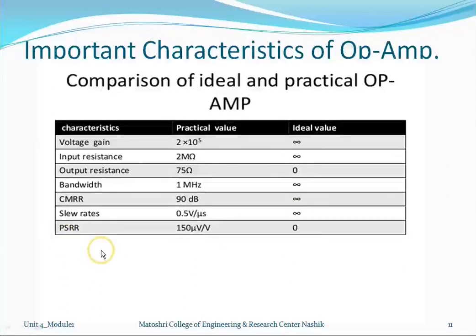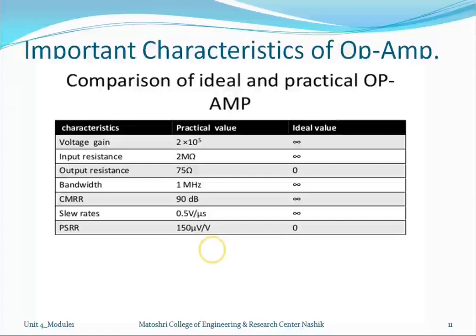PSRR, power supply rejection ratio, is nothing but the change in an op-amp input offset voltage due to variations in supply voltage. We call it the power supply rejection ratio. An alternate name for PSRR is SVRR, that is the supply voltage rejection ratio.